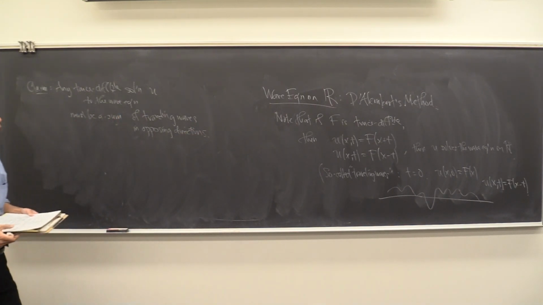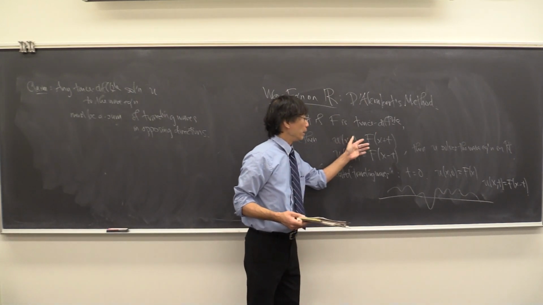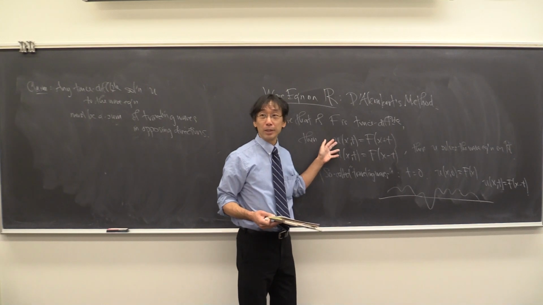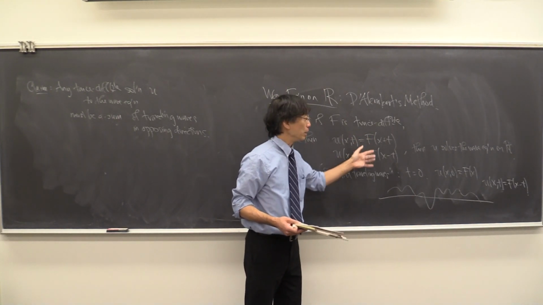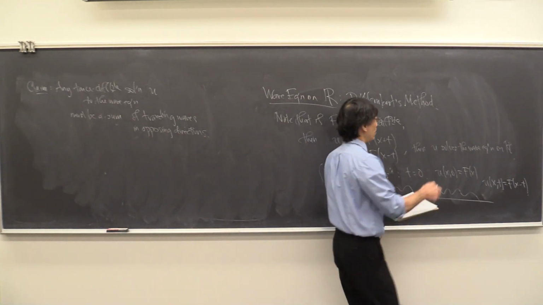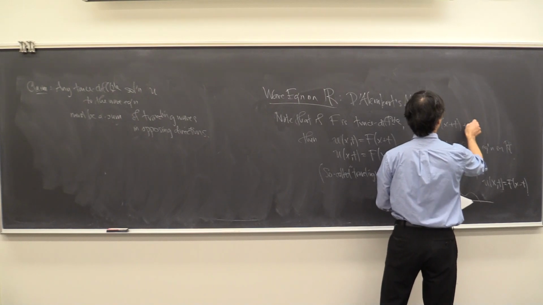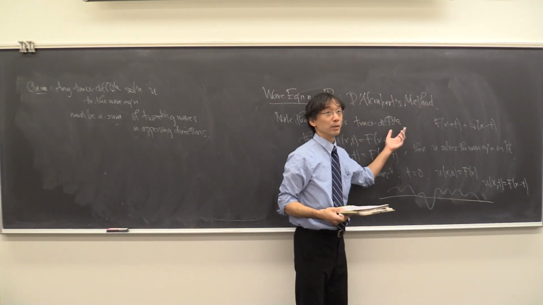Okay. So, right, these guys are solutions, and if you add them together, if you have one wave going in one direction, and you have another wave going in the opposite direction, that's going to be a solution.